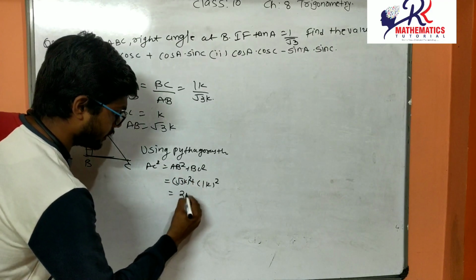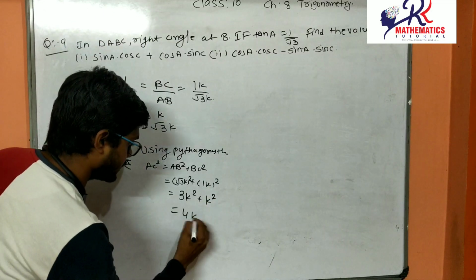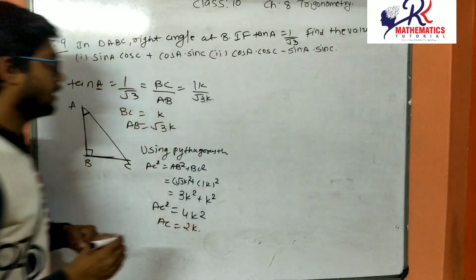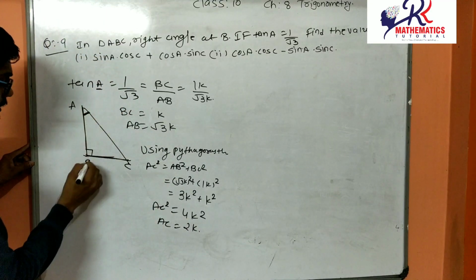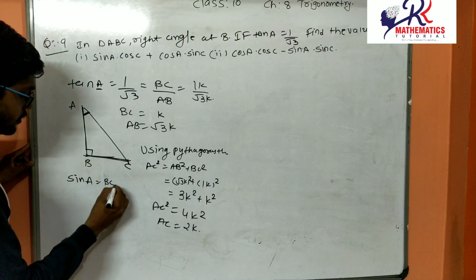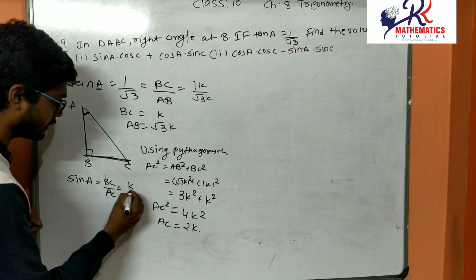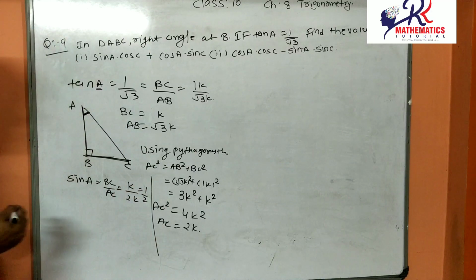So it is 3k square plus 1k square. So we can write 4k square. So the square root is 2k. Now we require sin A. So sin A is opposite side upon hypotenuse, so BC upon AC. So the value of BC is 1k, whereas AC is 2k. So it is 1 by 2.